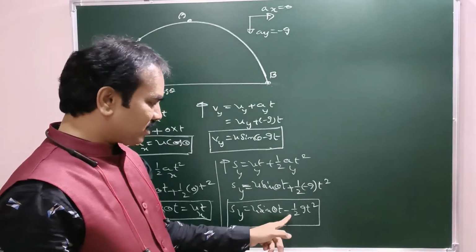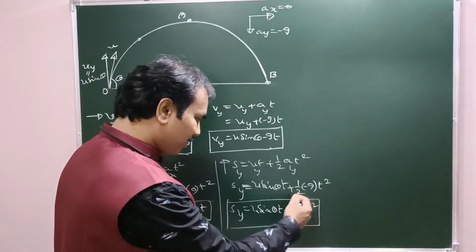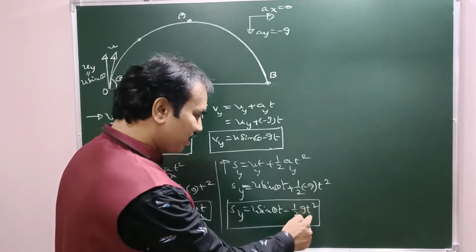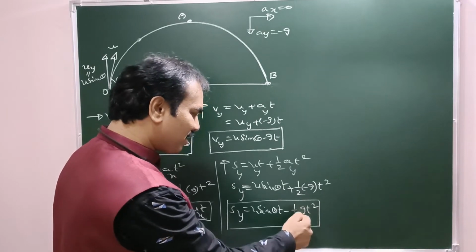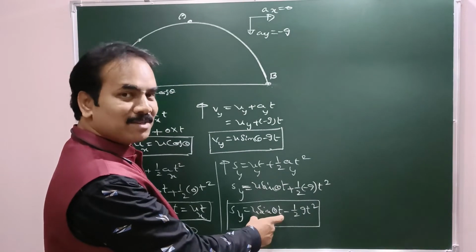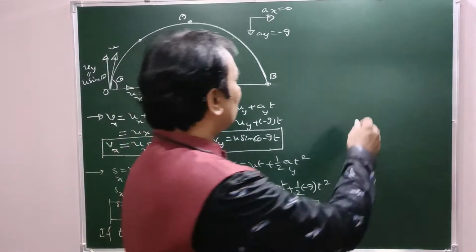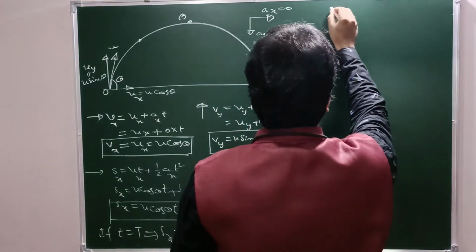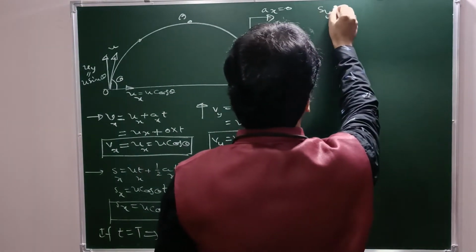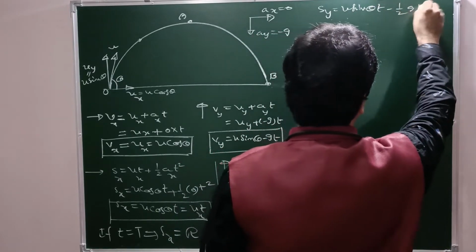Sy finds a negative sign here. Right? As time goes on, what happens? This increases. See, as time goes on, t square increases, half g t square also increases and becomes equal to u sin theta into t at some instant. Then sy becomes 0 also. So sy equal to u sin theta t minus half gt square.